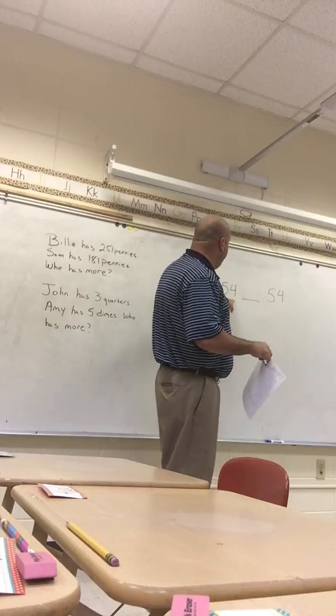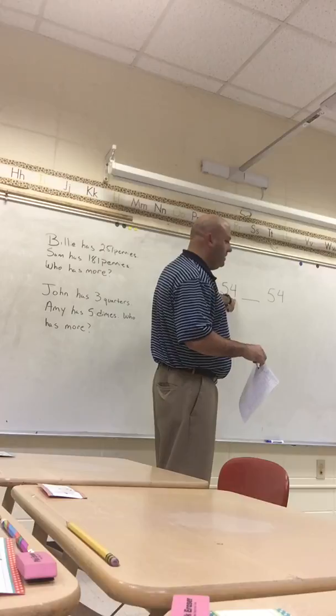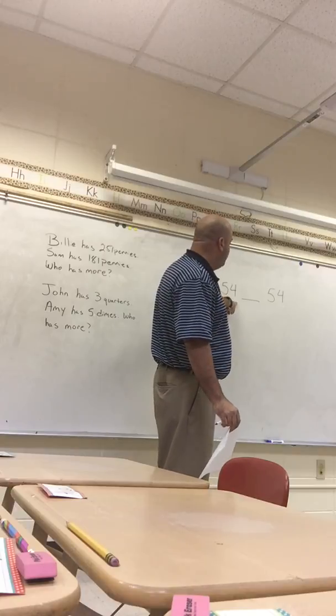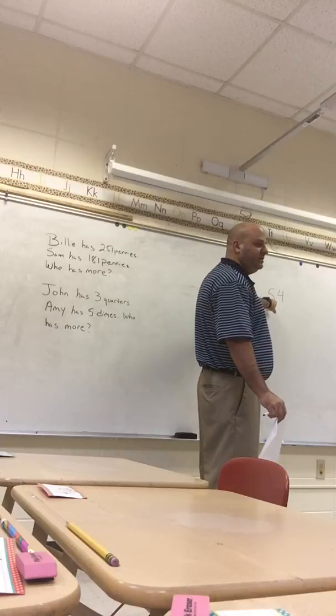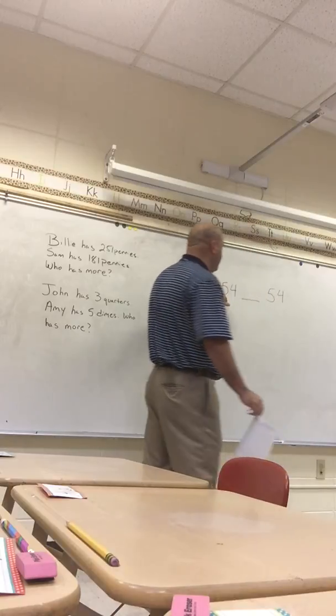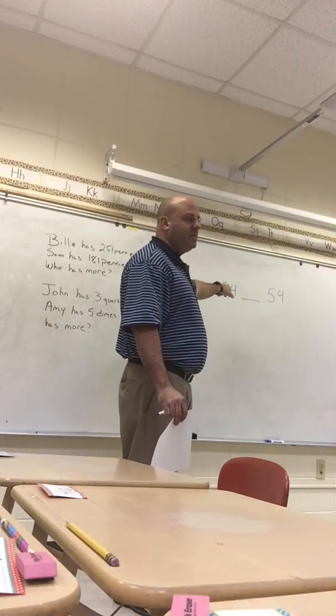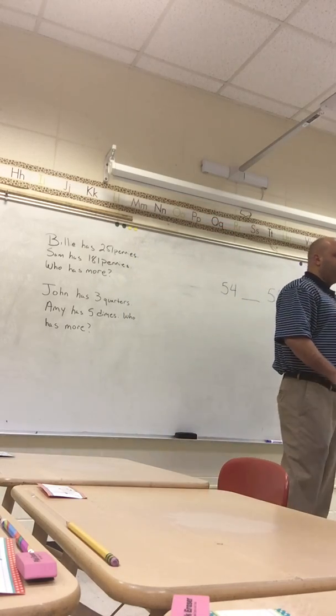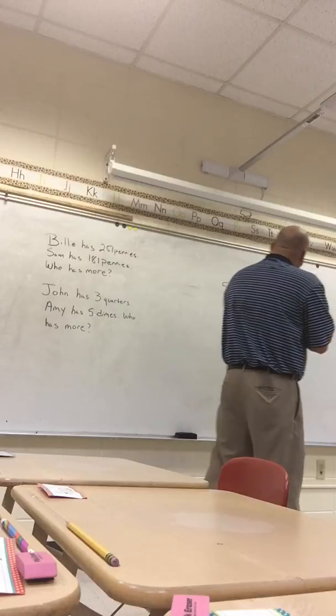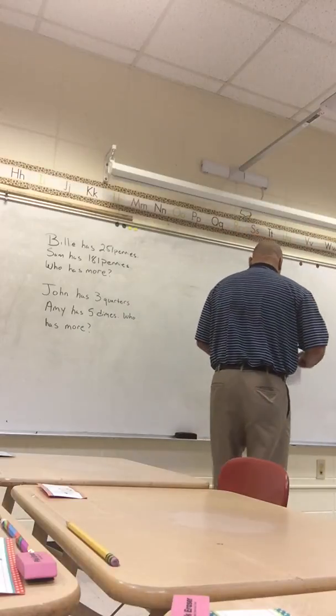And here in the ones? 4. So both of them have 4 ones. What about here in the tens? 5. And here in the tens? 5. Are they the same? Yes. So the same means they're what? Equal to, correct. So they all have to be the same.